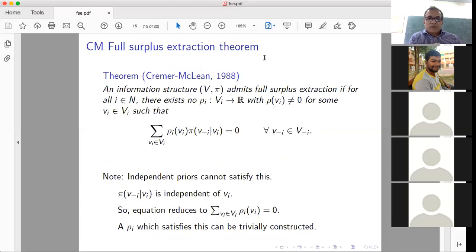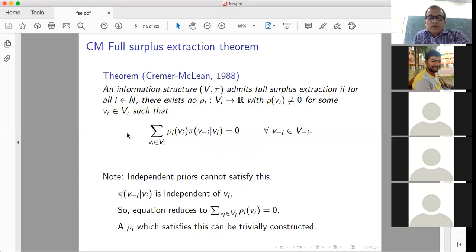The Cremer-McLean result says that an information structure admits full surplus extraction if for all i there exists no rho_i, a function with rho_i(v_i) not equal to 0 for some v_i, such that this system of inequality equations is satisfied.